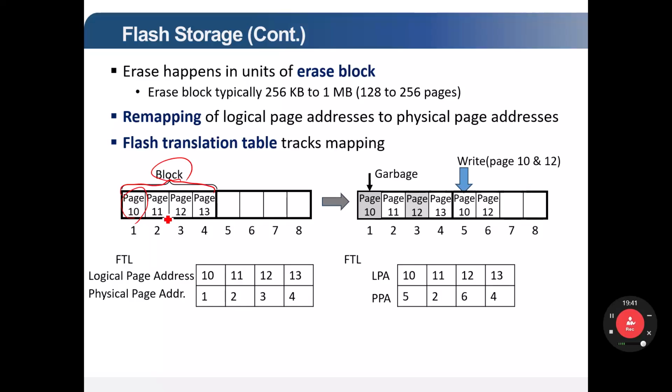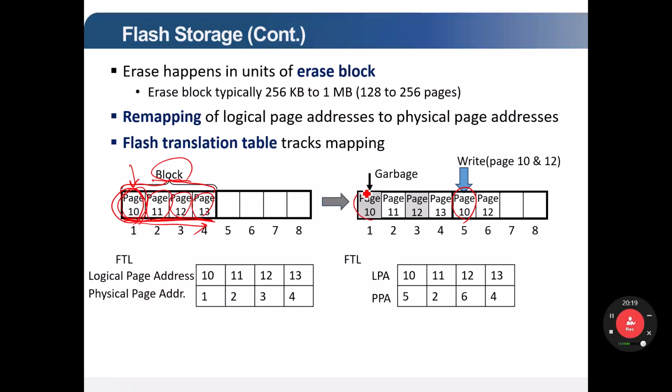Suppose we stored 4 pages contiguously, and then this first block is now full, and suppose an application wanted to update page number 10. Instead of overwriting page number 10, the SSD will place it in a different block, because there is no free space in this block and the page is immutable once written.